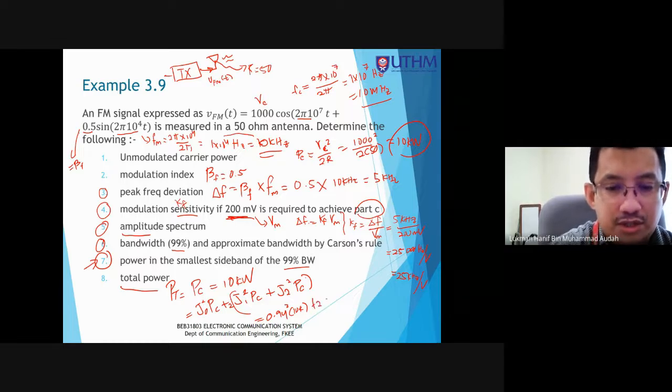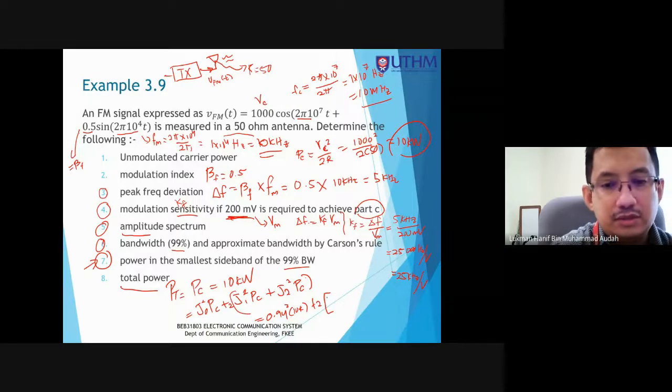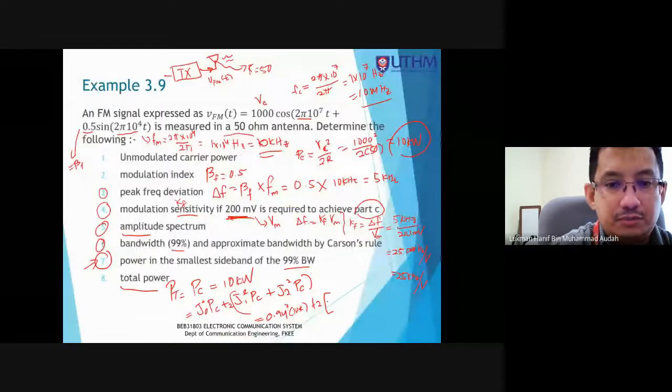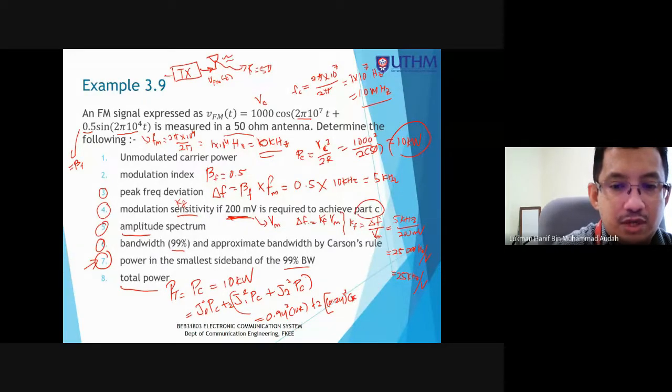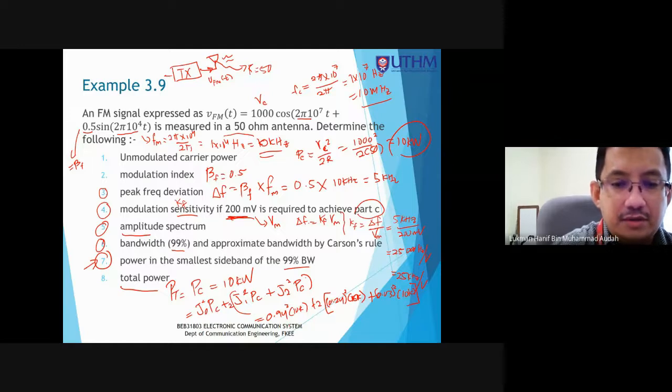Plus 2 times in bracket 0.24 square times 10k, plus 0.03 square times 10k. Close big bracket.